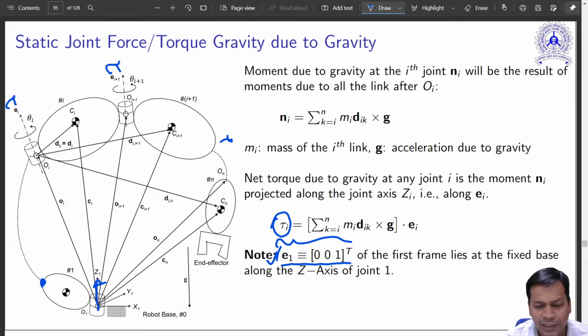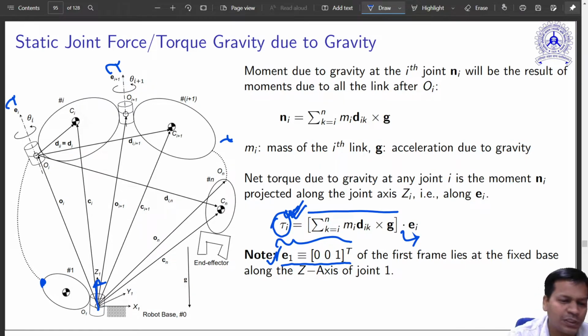Moment is a vector, whereas torque is the projection of a moment along the axis of rotation, and you see there is a dot product used here. So the effect is a scalar. This is what actually causes the motion. The moment over here is not causing any motion because you don't have any axis that can rotate.